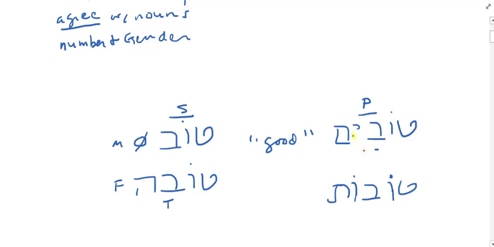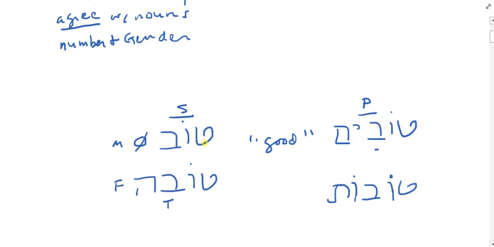And then if we want to make it masculine plural, we're going to add im to tov. Tovim. And if it's feminine plural, tovot. So let's say these together. Tov, tova, tovim, tovot.